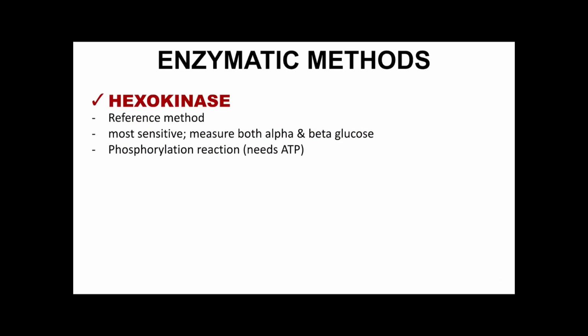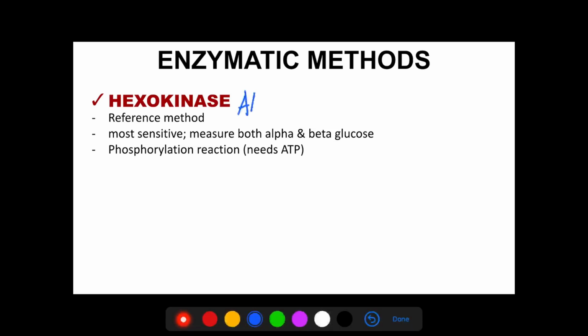Another enzymatic method used for glucose analysis is the use of the enzyme hexokinase. This was developed by the American Association for Clinical Chemistry, and it has been accepted as the reference method for glucose determination because it is not only sensitive, but also highly specific with fewer interferences, unlike glucose oxidase.